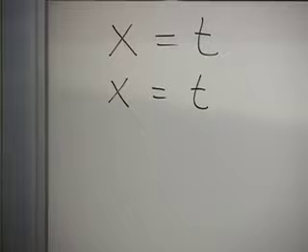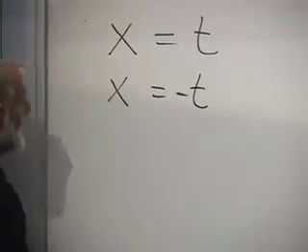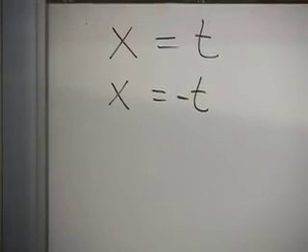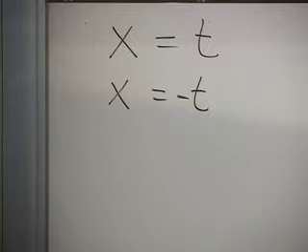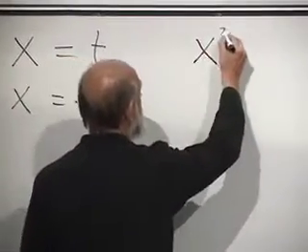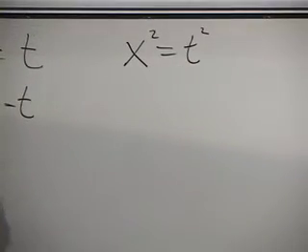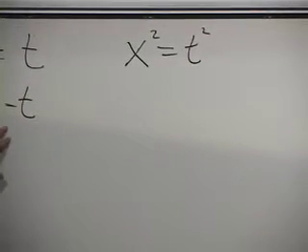How can we take both of these equations and put them together? Can I write a single equation which, if it's satisfied, is a light ray either moving to the left or to the right? Yes. Here's an equation. x squared equals t squared. It has two solutions, x equals t and x equals minus t.